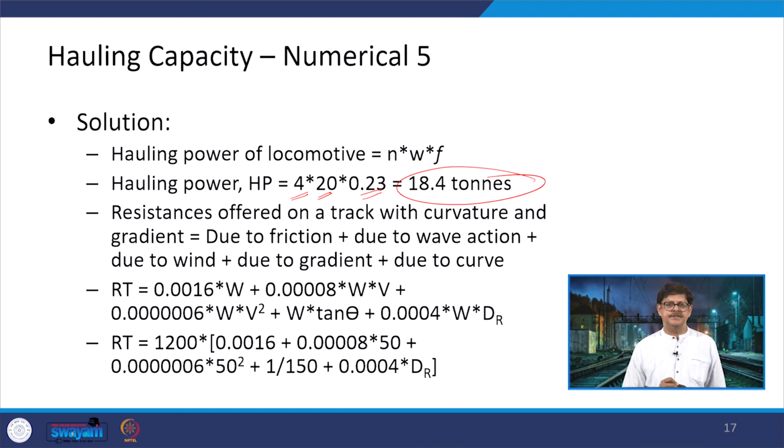Now, the resistances we are going to talk about, because there is a gradient as well as a curvature, and we are talking about a broad gauge, are due to friction, due to wave action, due to wind, due to gradient and due to curve.